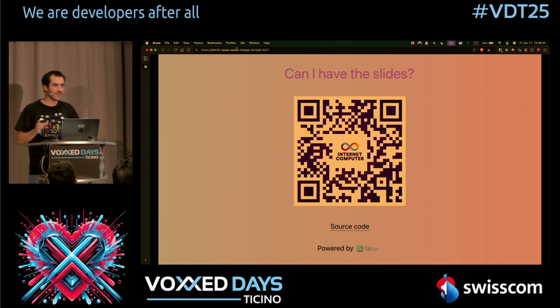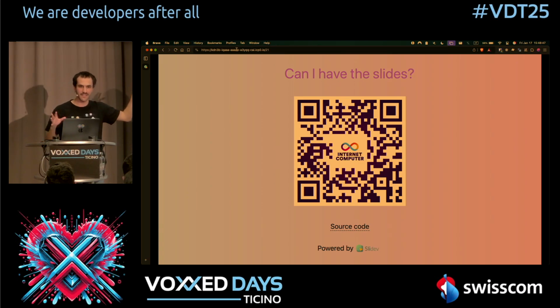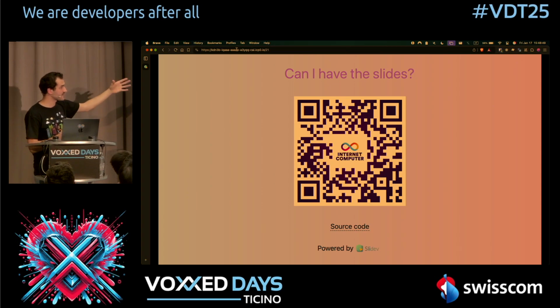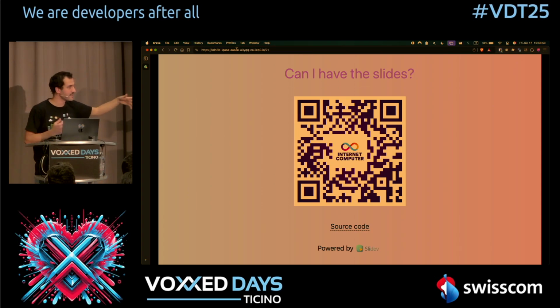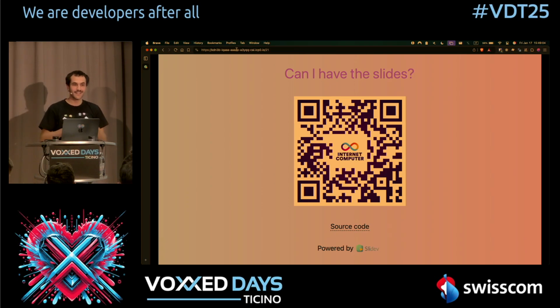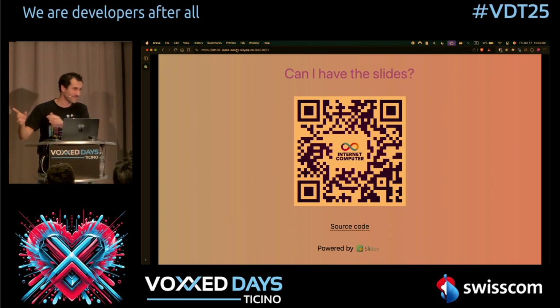So there is no extension or anything needed. I can just access the content of the canister, so the assets inside the canister, from my browser. And if you reproduce the build from the source code, you can verify that the slides hosted here are the same as in the source code, if you want.